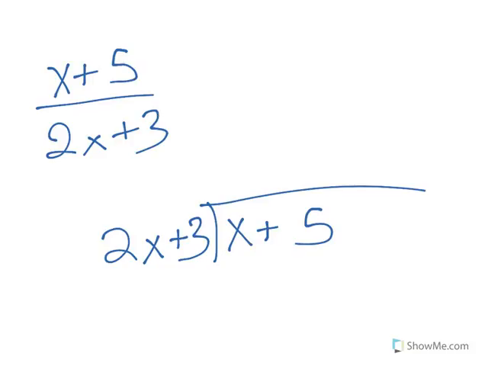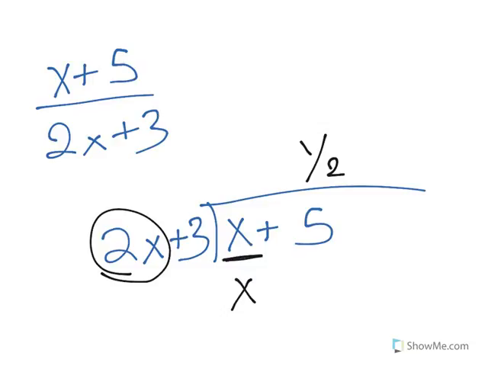So in this case, for example, we see that if we multiply 2x by a half, we get x. So here we have a half, and if we multiply that, we get x. And then x plus 3 over 2, and we need to subtract that from x plus 5.